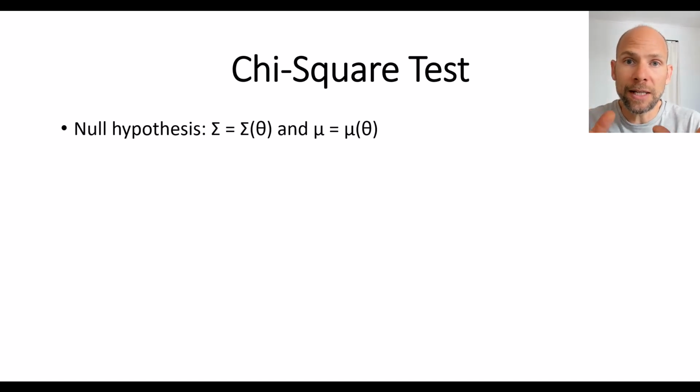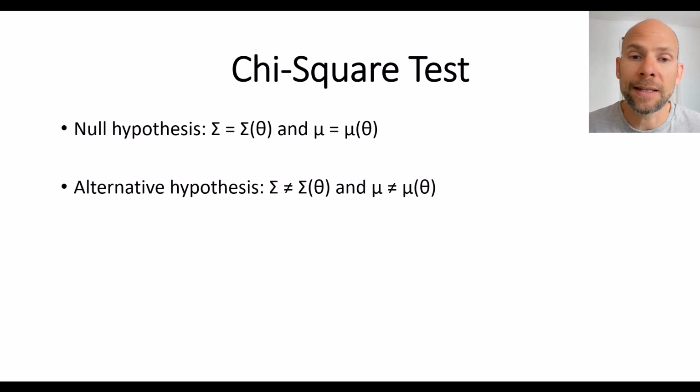So simultaneously this chi-square test is an omnibus test for whether all residuals are 0. So all the mean residuals and all the covariance residuals are 0 under the null hypothesis in the population, obviously. And then the alternative hypothesis is that there's a discrepancy between sigma and sigma theta, and/or between mu and mu theta.